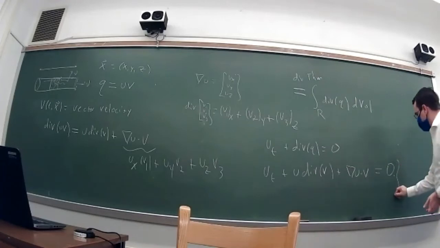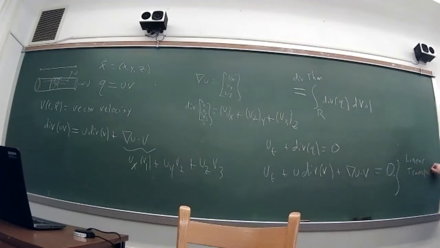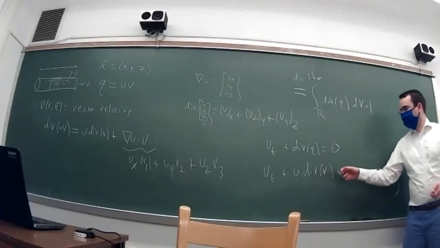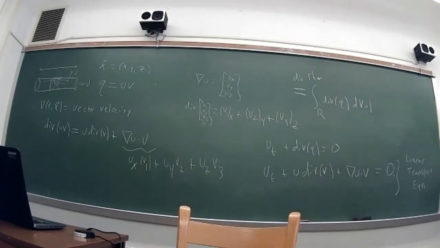And so here's now your linear transport equation in higher dimension. I use it with three spatial variables, but it's exactly as written with more spatial variables, with the appropriate meanings of divergence and gradient.